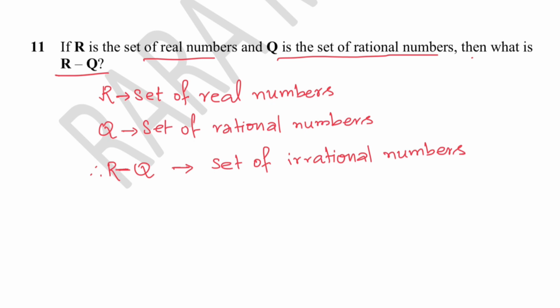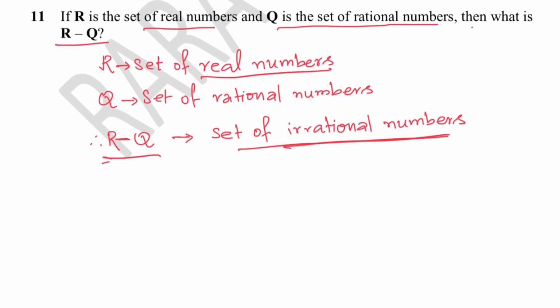So when you subtract rational numbers, the remaining elements in R are only irrational numbers. Therefore R minus Q is set of irrational numbers.